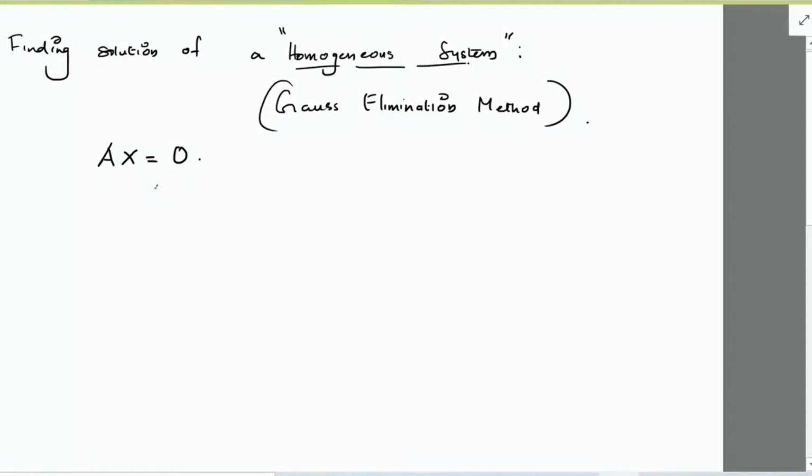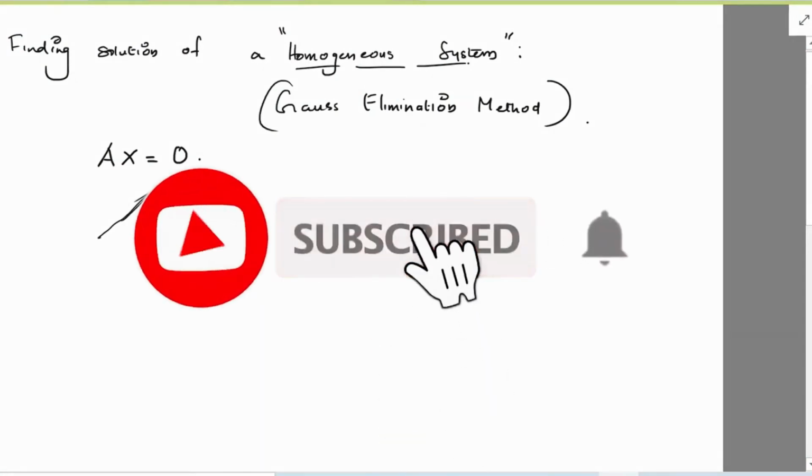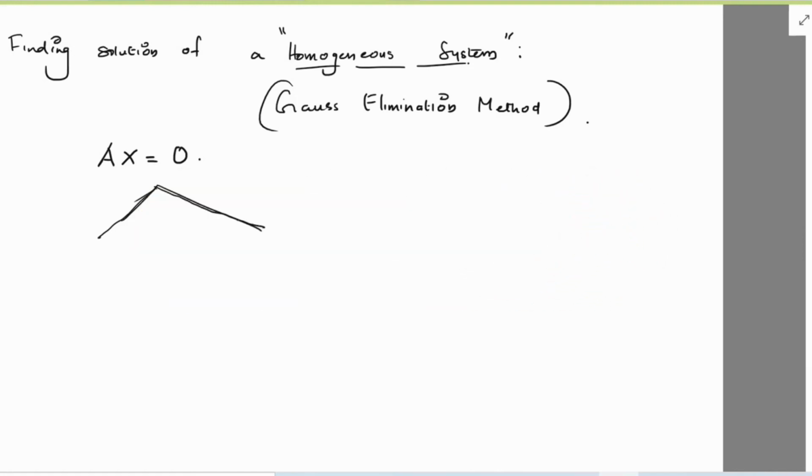So, what are the possible cases for a homogeneous system? If a homogeneous system is given, there are two possibilities for the solution. The first possibility is that it has only the trivial solution.